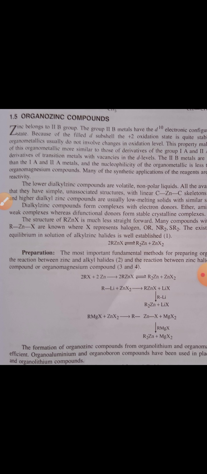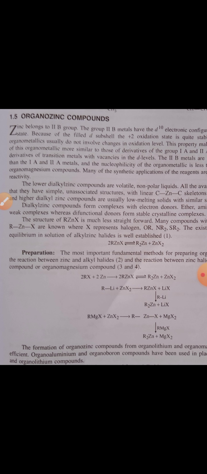That means zinc is present in the middle, and the carbon of one alkyl group on one side and the carbon of the other alkyl group on the other side, carrying the linear structure. If you see the diaryl zinc compounds or higher dialkyl zinc compounds, they are mostly low melting solids with similar structure.